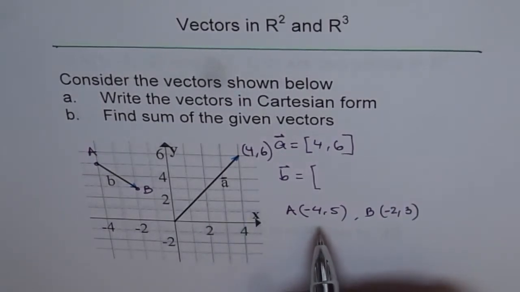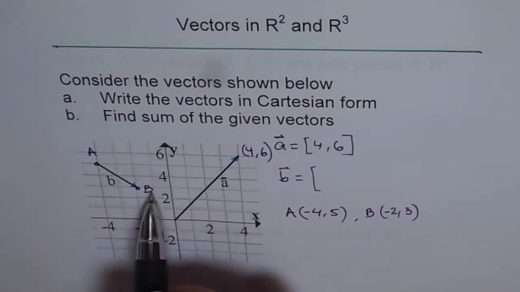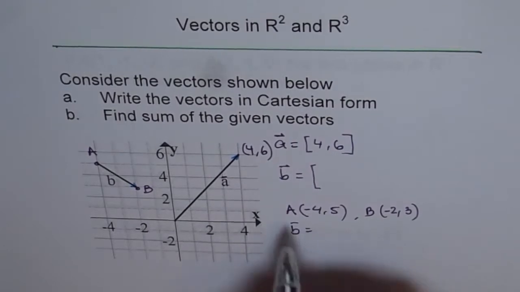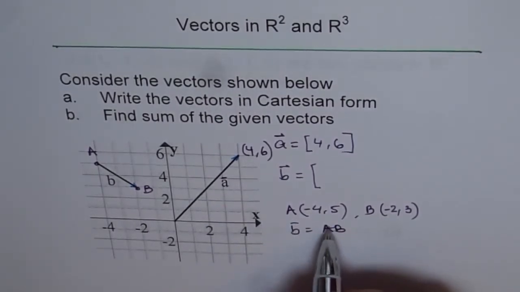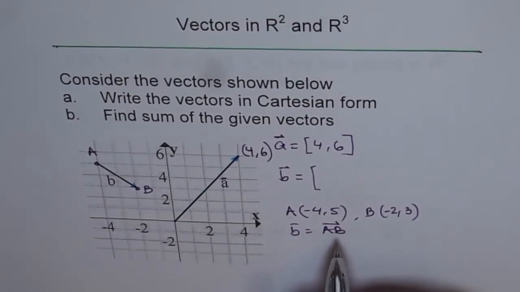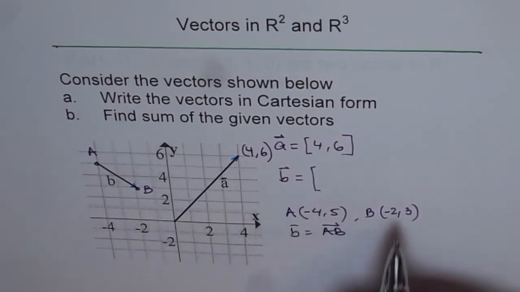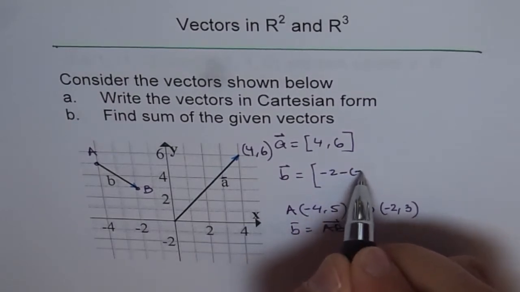So vector B will be the difference in x values, B minus A, right? So vector B basically is A to B, which we can find by finding the difference in x values and the difference in y values. So it can be written as -2 minus of -4.